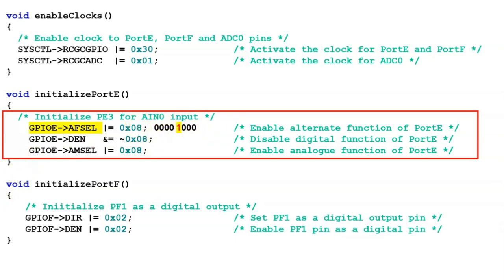But take note that this is bit 3, which corresponds to port E bit 3. Setting this bit using the bitwise OR operator, we ensure that port E bit 3 uses its alternate function.